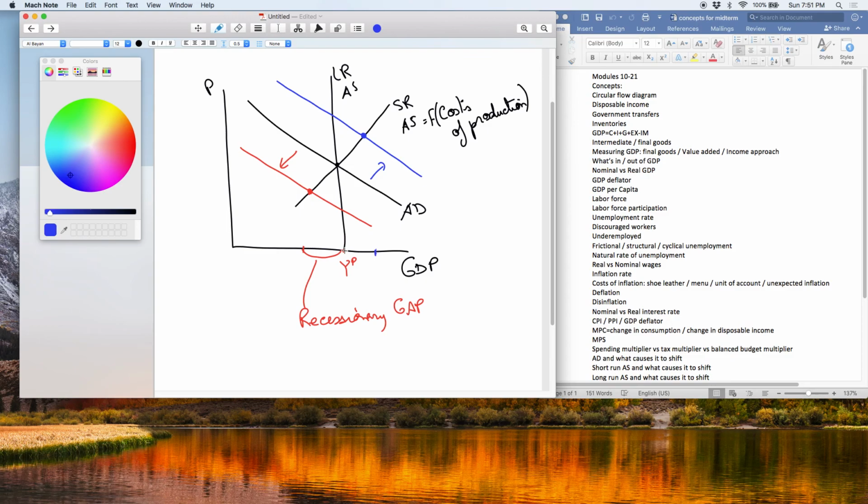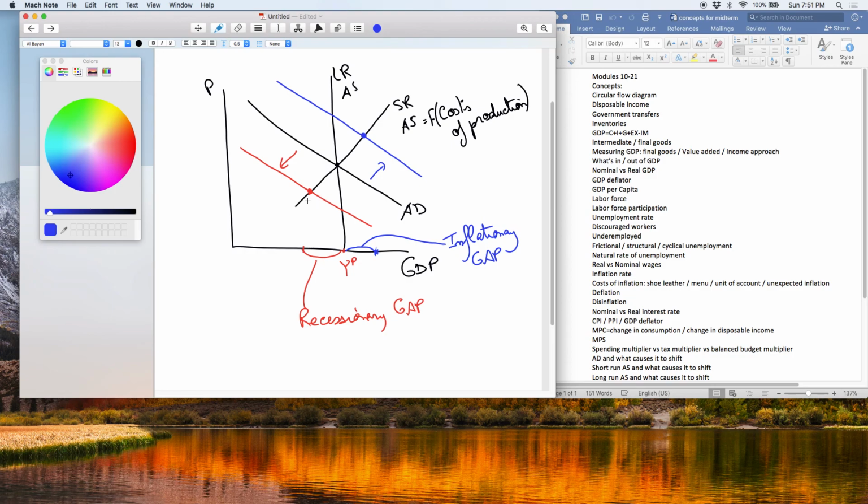But you could employ these workers over time, and so you could produce more than potential for a short period of time. If you do, okay, the difference between where you're producing and what your potential is called an inflationary gap.